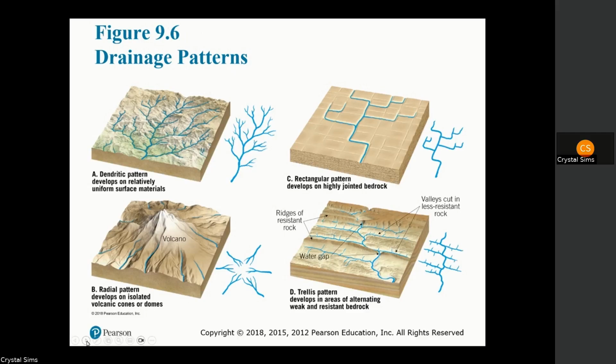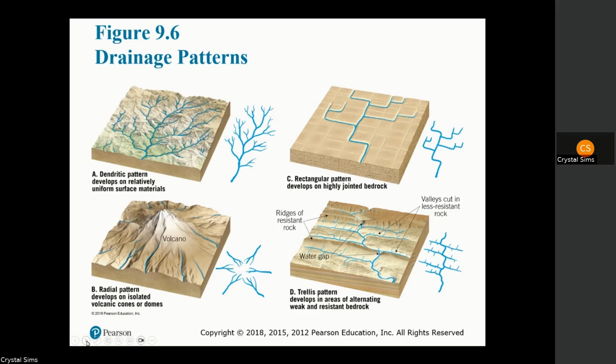It resembles the branches on a tree, and that's where its name comes from. Dendritic means pertaining to trees or branches, and that's what it looks like. This type of drainage pattern is going to develop where the underlying material is relatively uniform, and it's going to be determined by the slope of the land and the direction of that slope.